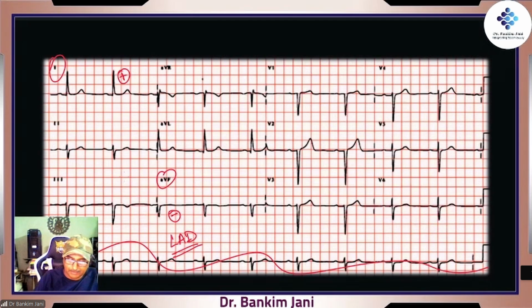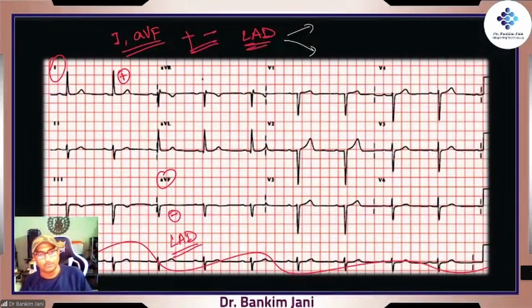Yes, there it is. So lead 1 and lead AVF, right? Lead 1 is plus and this AVF 100% minus. So this is definitely left axis deviation. If it is left axis deviation, we have to find out which degree. And for that, lead 3 is minus 60, right? Lead 3, so it is minus 60. And lead AVL, right, is minus 30.